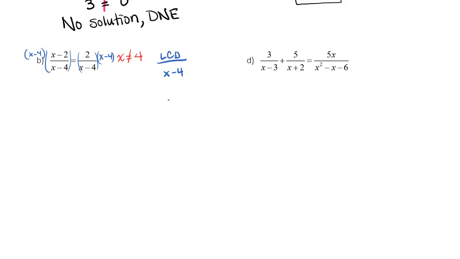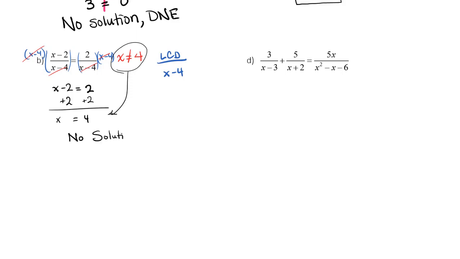When I multiply through by x - 4 on both sides, I'm left with just the numerators. So I get x - 2 = 2. So now I'm going to add 2 to both sides. x = 4. But x can't equal 4 based on my restriction, so there is no solution, or DNE, does not exist.